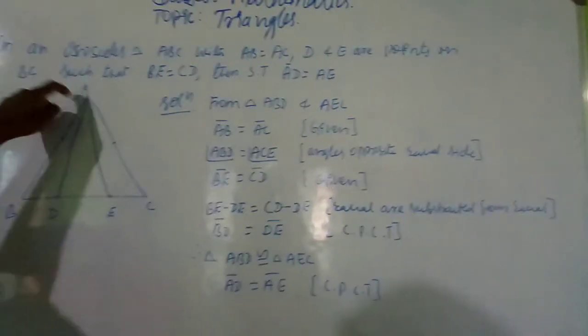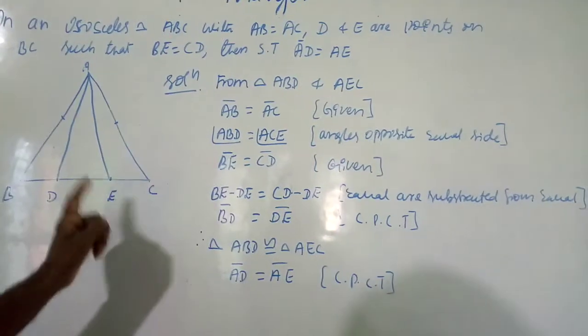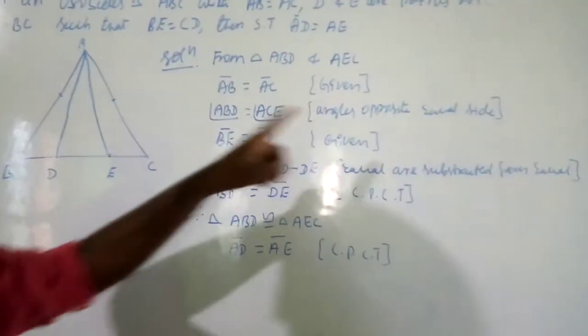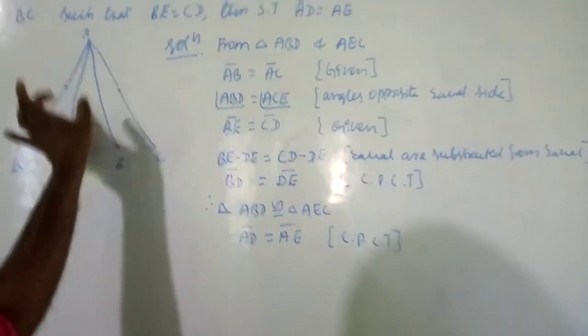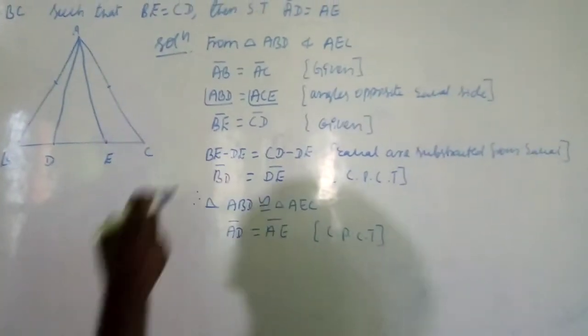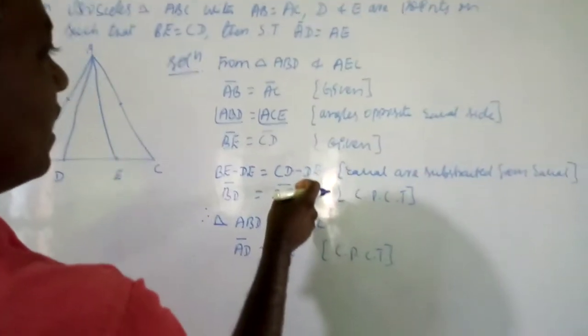So next, angle ABD and angle ACE, these two angles are equal because angles opposite to equal sides are equal. Then BE is equal to CD, it is already given. So now next, this BE can be rewritten as BE minus DE, and CD minus DE.